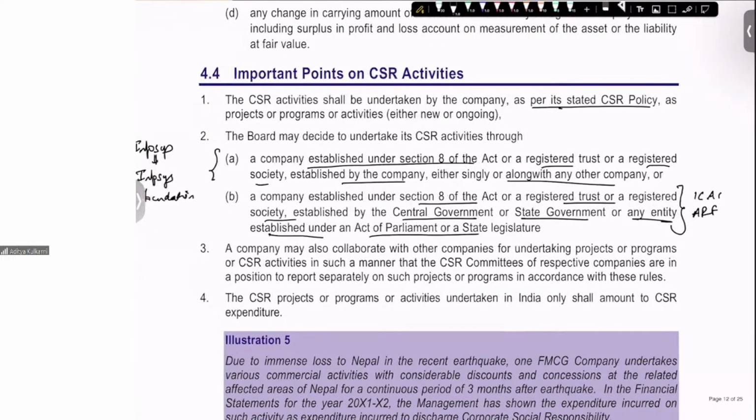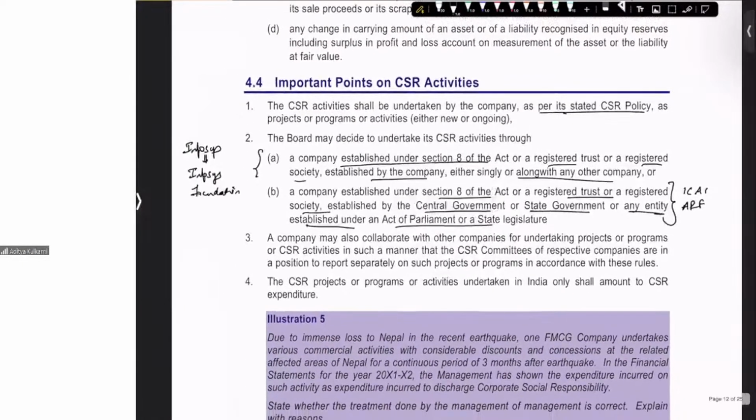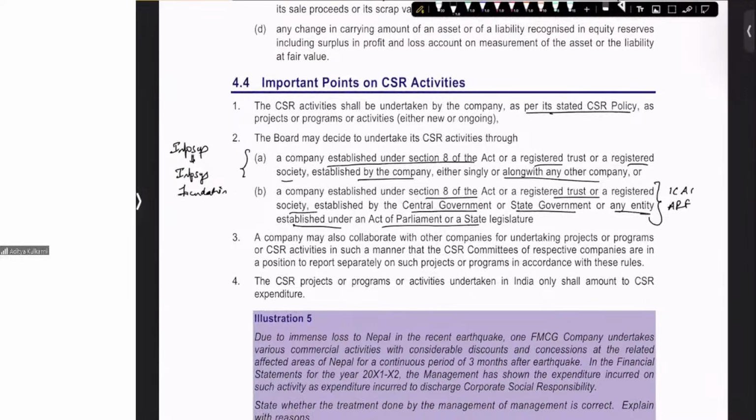It is a Section 8 company established by an entity which is established under an act of parliament. ICAI came by virtue of a statute, and ICAI has formulated the Accounting Research Foundation to promote research in the field of accounting. So therefore, the board of that company may decide we will carry out our CSR activities through the Accounting Research Foundation. So these are the two examples for the manner in which CSR activities can be carried out.